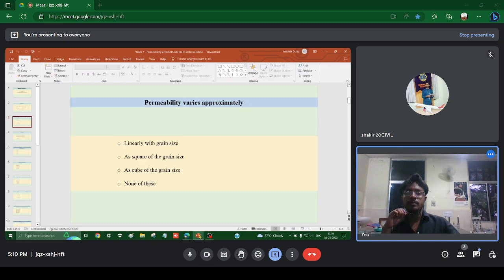I repeat the question. Permeability varies approximately linearly with grain size, square of the grain size, as cube of the grain size, or none of these. Next question.